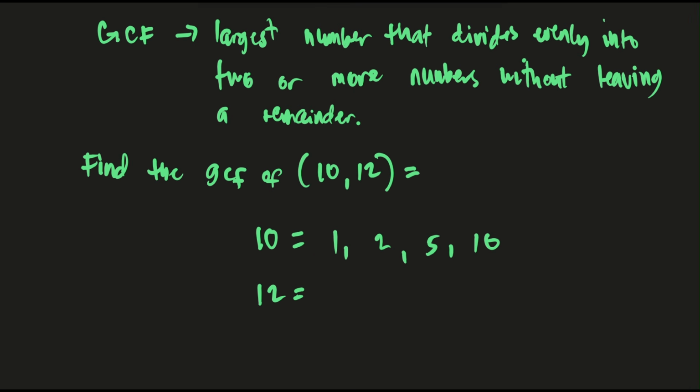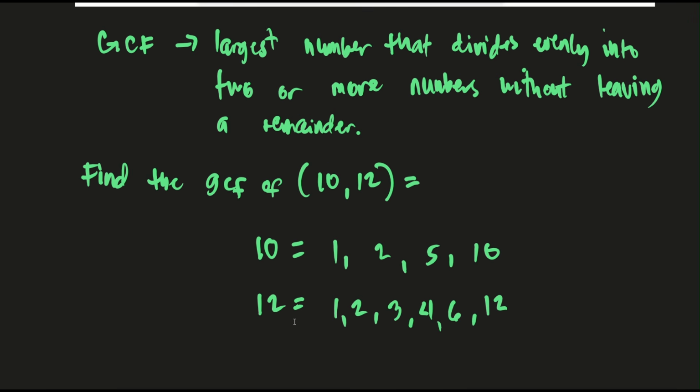What are numbers that if you're going to multiply, you'll have 12? That would be 1 and 12 itself. We also have 2 and 6. We could have 3 and 4. Now, the GCF of 10 and 12 is the largest common number of 10 and 12, and that would be 2. Therefore, their GCF is 2.